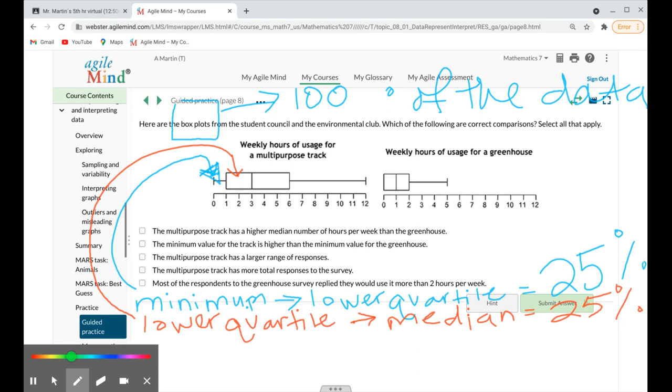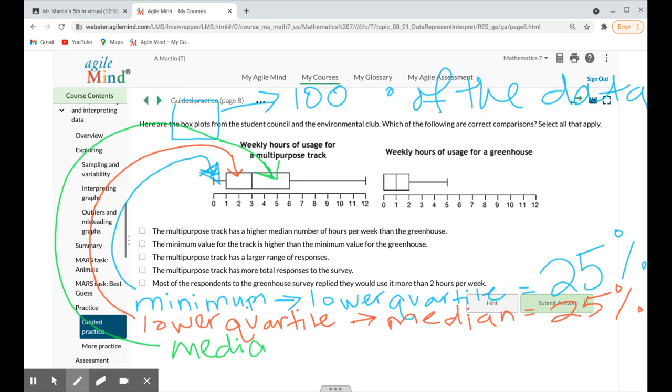Next one that I'm going to talk about is here, which is from the median to the upper quartile. Once again, everybody needs to be writing this down. And it also equals 25%.